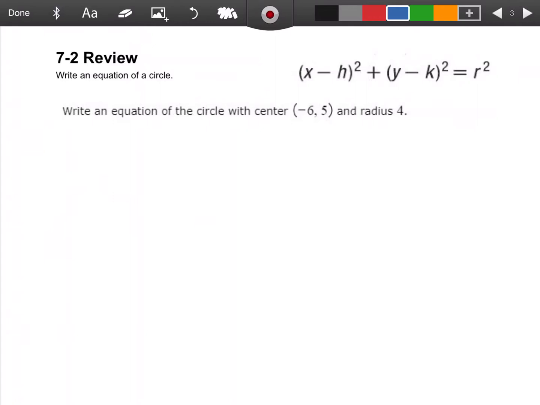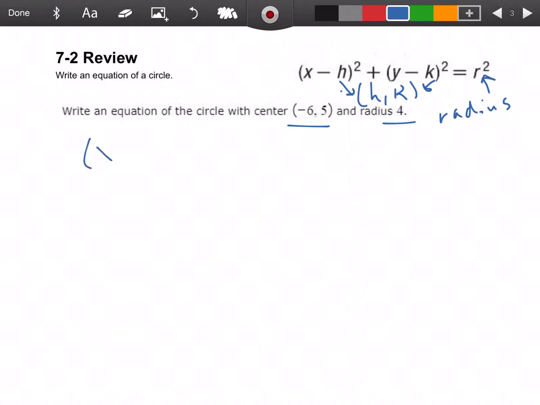So moving on to circles. Circles are a little bit easier. Just to review, we'd have our center H, K, right, with these two here, and then this is going to be our radius R. So in this case, they're just telling us what these are, and we just have to plug them in.